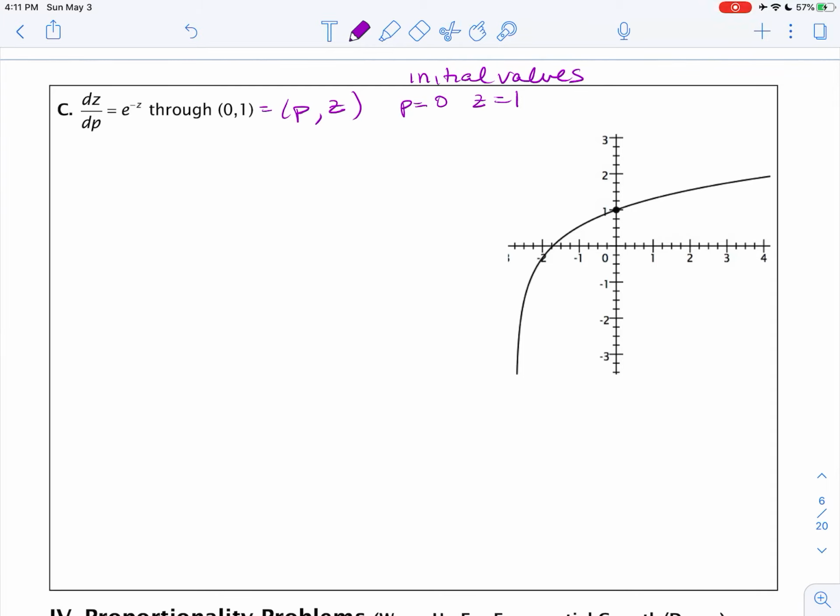Good. All right. So let's do this. We want to separate our variables, and we see that first, if I do dz equal to e to the negative z dp, it prompts me to move the e to the negative z over to the other side. And before we go to integrate, I'm going to transform the left-hand side by moving the negative exponent up to the numerator.